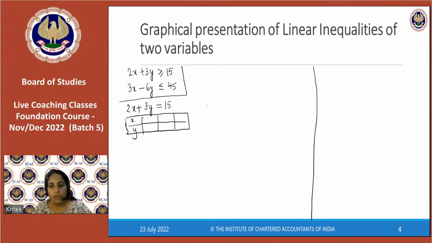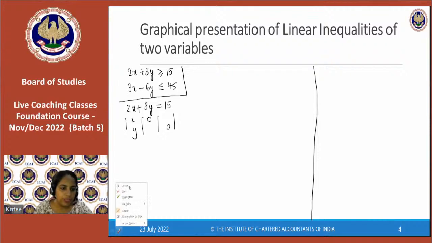My choice, I can take any values of x and y. The easiest way is to take x as 0 once, and y as 0 once. Doing with x and y as 0 will also solve my purpose.